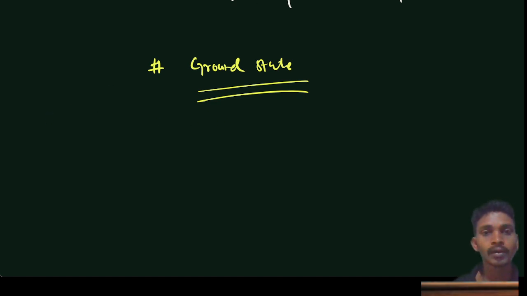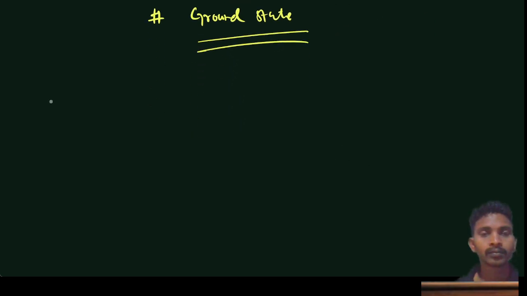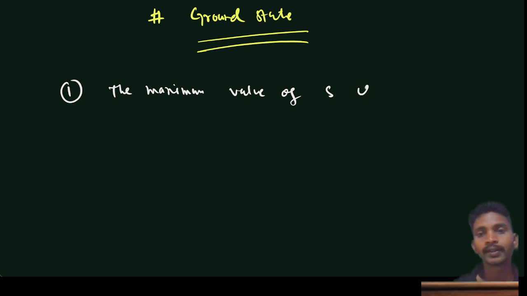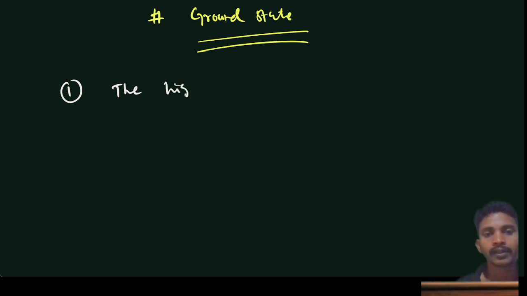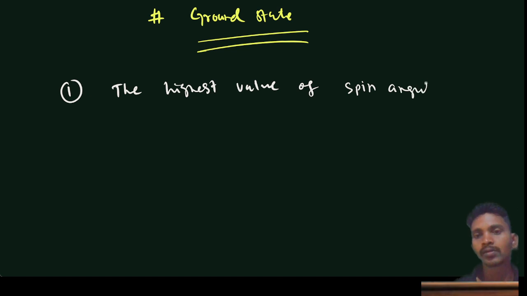For the ground state we have to follow some steps. The first step is that the highest value of spin angular momentum, S, is preferred.